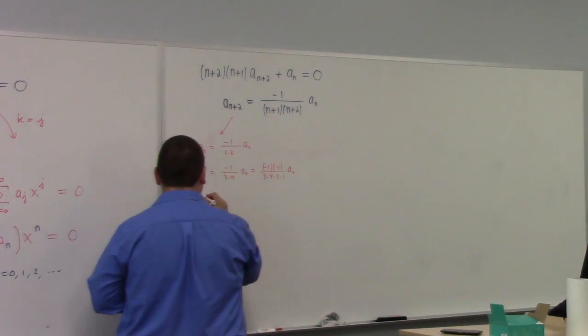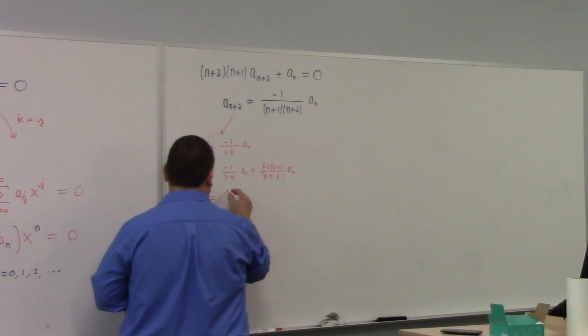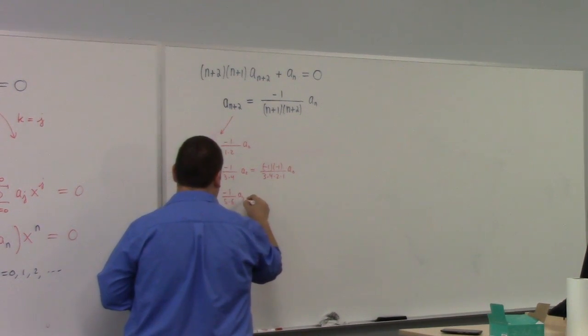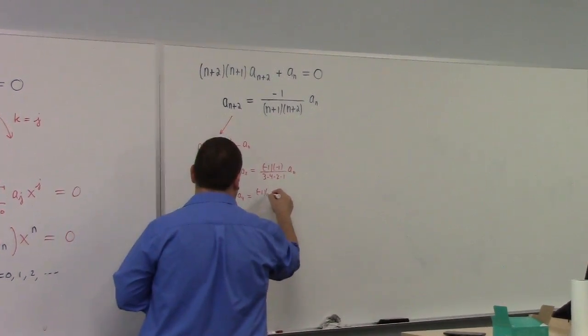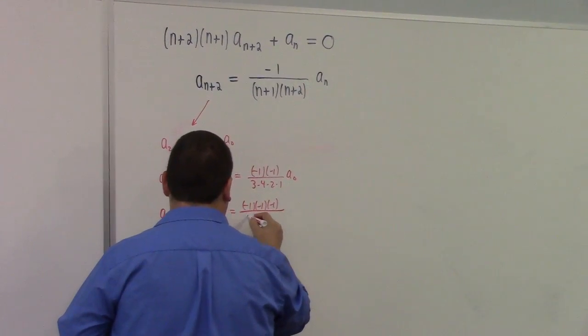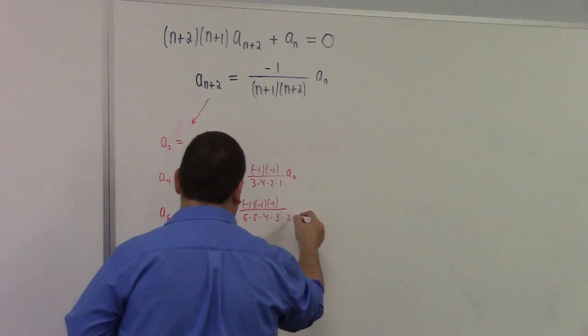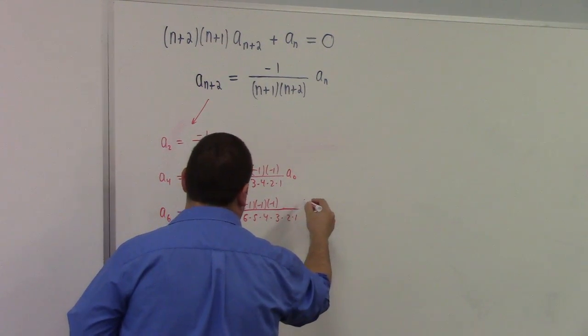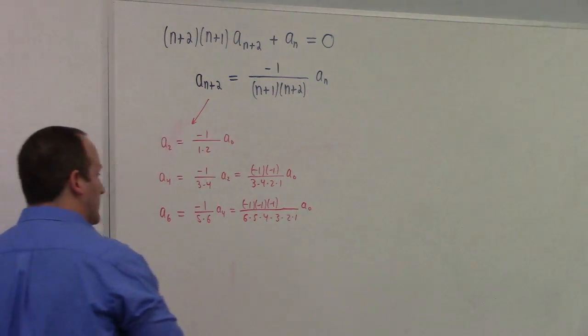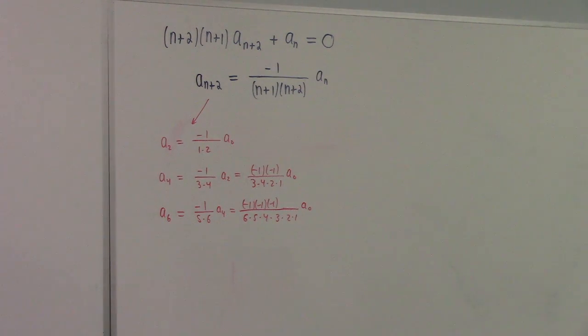Continuing to recurse, a sub 6 is minus 1 over 5 times 6 a sub 4, which is, by the way, minus 1 times minus 1 times minus 1 over 6 times 5 times 4 times 3 times 2 times 1, fine, I'll throw in the 1, a sub naught. At some point, after you do this long enough, you notice a pattern.